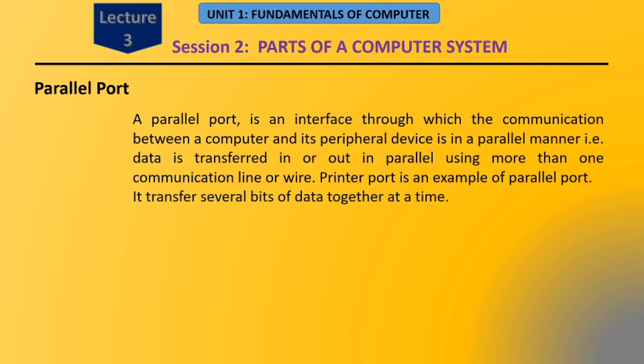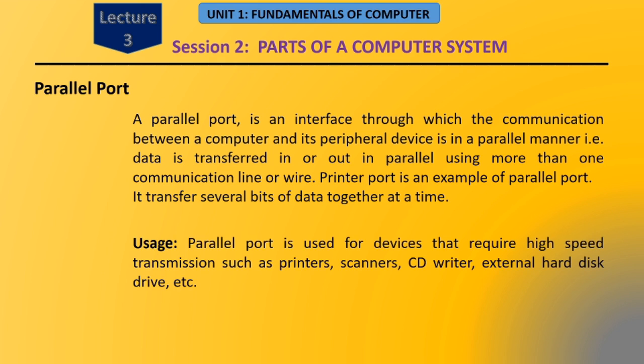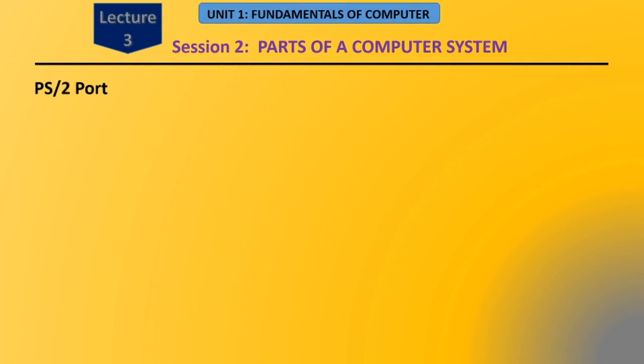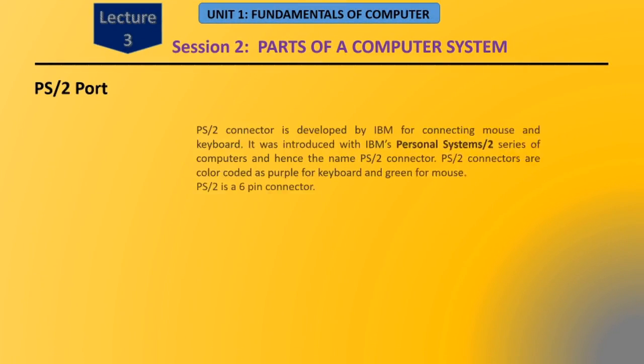Each transfers several bits of data together at a time. Usage: parallel port is used for devices that require high-speed transmission such as printers, scanners, CD writers, external hard disk drive, etc.